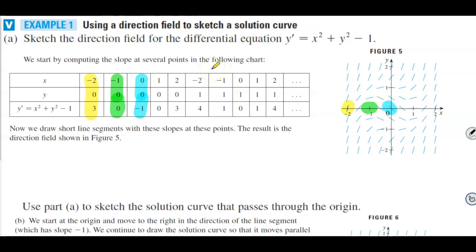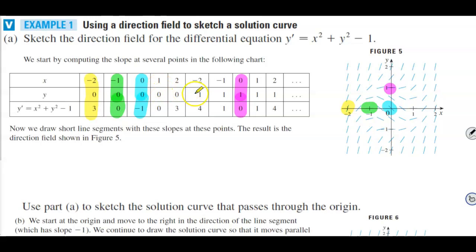All right, let's take a look at another point, the value 0, 1. So our x represents 0, our y value represents 1. If we plug it into the derivative function, we get 0 plus 1 minus 1, which gives us a slope of 0. Now let's find that ordered pair, 0 and then 1, and you will notice that there is a blue segment that has a slope of 0.